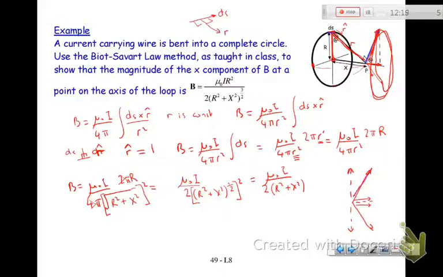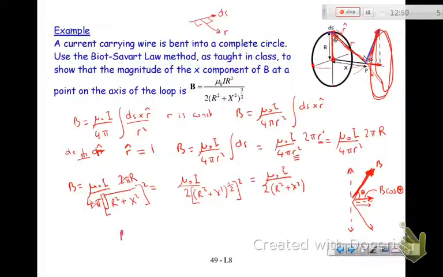So that's what I've worked out. And I've got to figure out what that component is. And let's have a look. Oh, this, I'm going to call this B, and this is going to be B cosine that angle. Yep. If that's B, this is B cosine that angle.